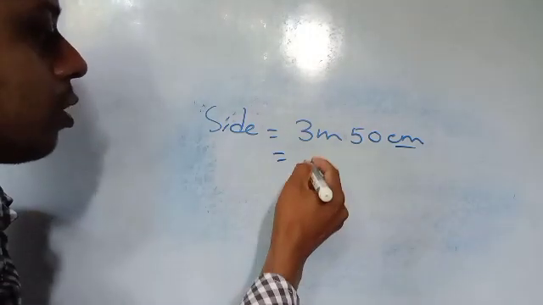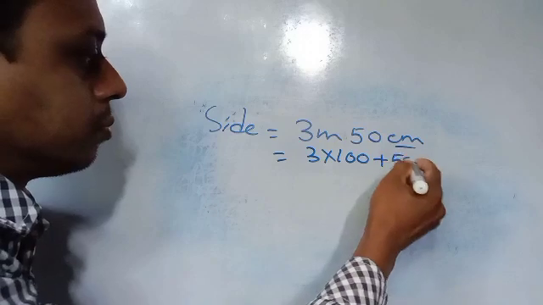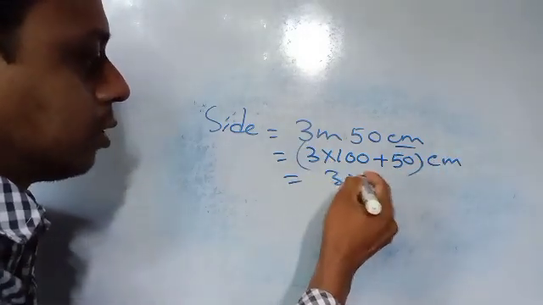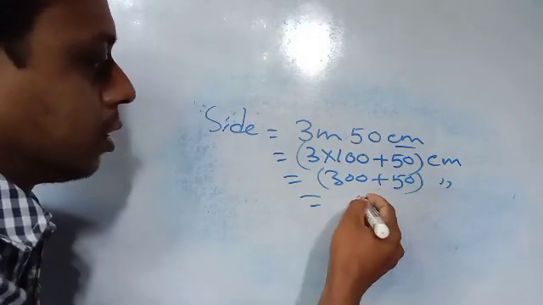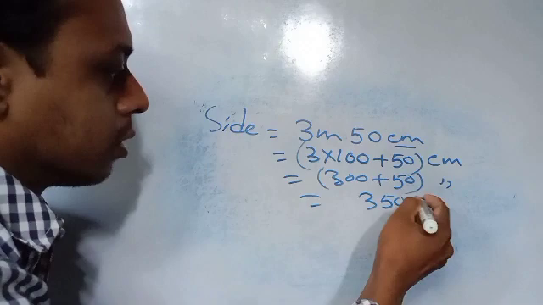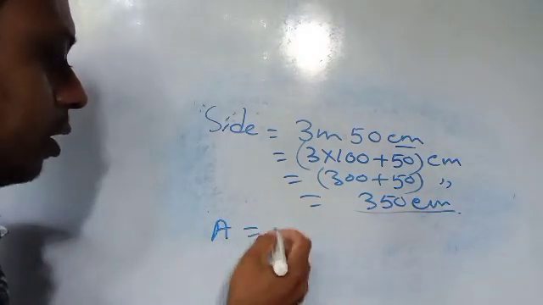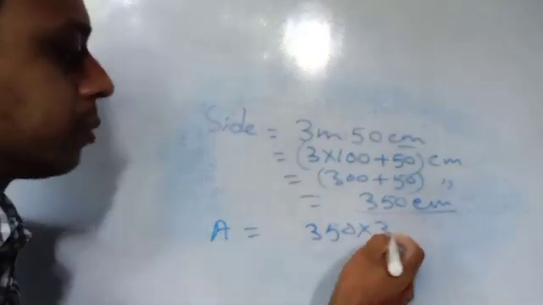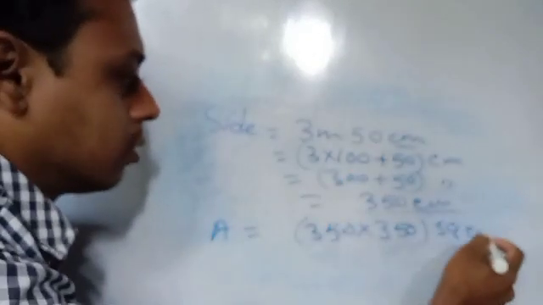So first of all you convert into centimeter. 3 into 100 plus 50 centimeter, that is 300 plus 50 centimeter, that is 350 centimeter. Now you find the area. Area I am writing in short, area equals 350 into 350 square centimeter. You have to write the formula also.